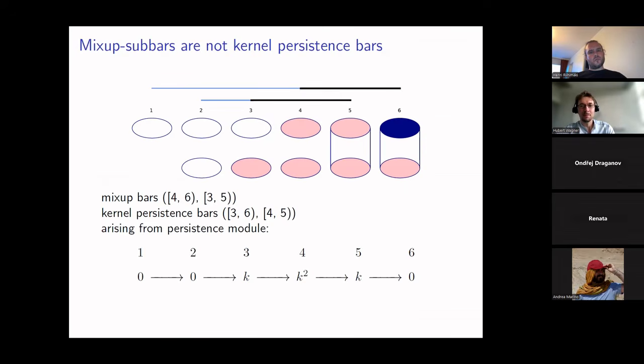So they are closely related, but not the same thing in general. Yeah, thanks. This is a great point. And also, if you just wanted to compute, let's say, total kernel persistence or total mixup, they would also coincide. So the difference is really in how those two pieces of information are matched together, and here we match them through this image persistence.